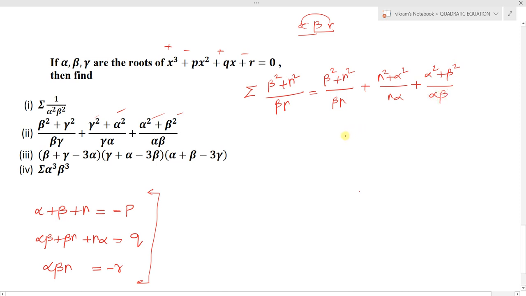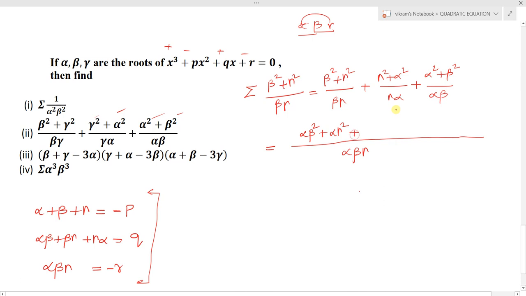Now we simplify by taking alpha beta gamma as common. The first term is multiplied with alpha, so we write alpha beta square plus alpha gamma square.